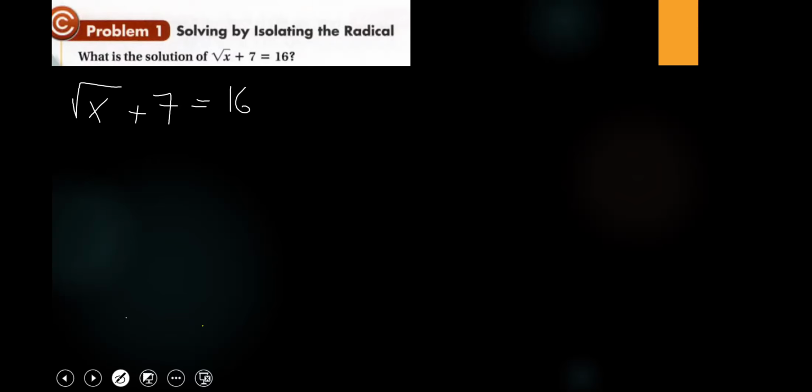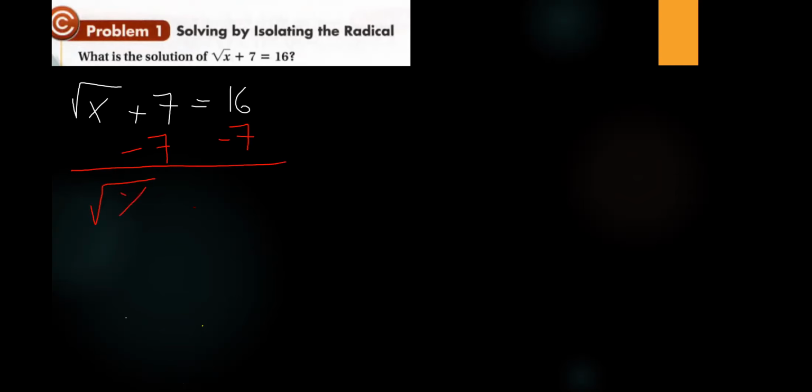I want to keep the square root of x alone. How? Here, the square root of x is added to 7. So what is the opposite of addition? Subtraction. So we subtract 7. Then we have square root of x equals 16 minus 7, which equals 9. Exactly.